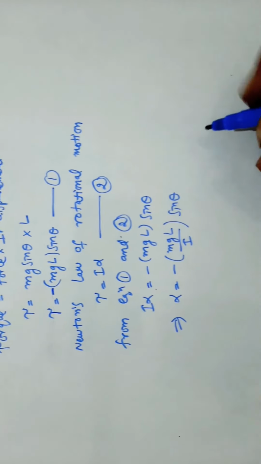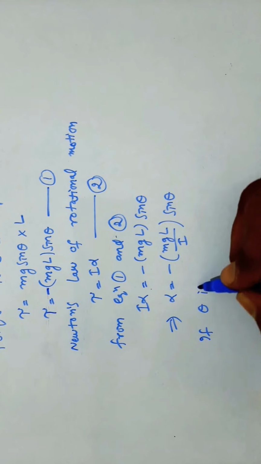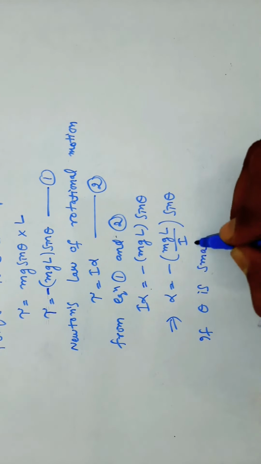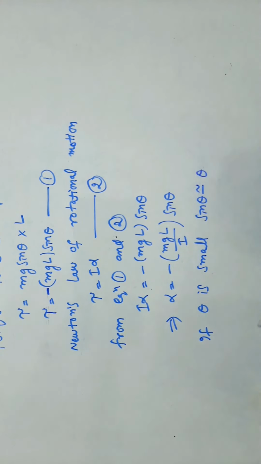If theta is small, here sin theta is equal to what? That is theta. So from this, alpha is equal to minus mgl by I into theta. Let us take this as equation 3.